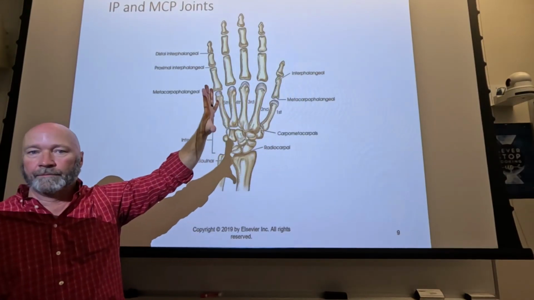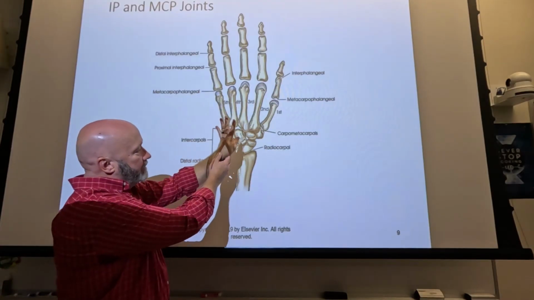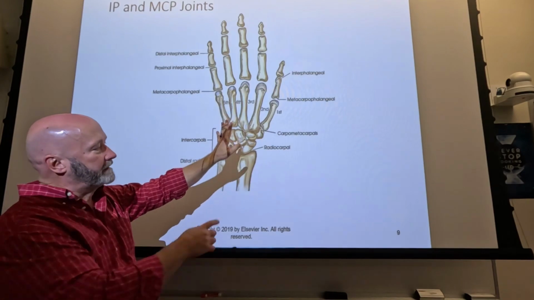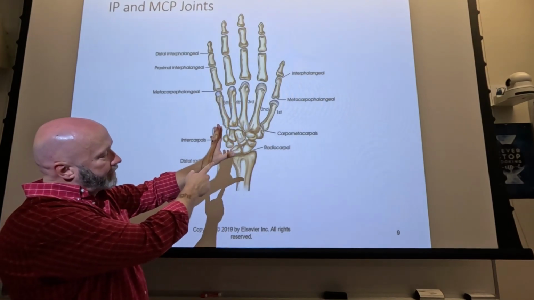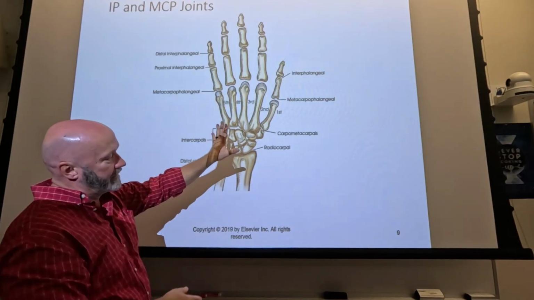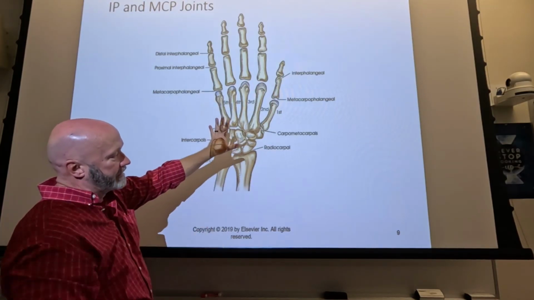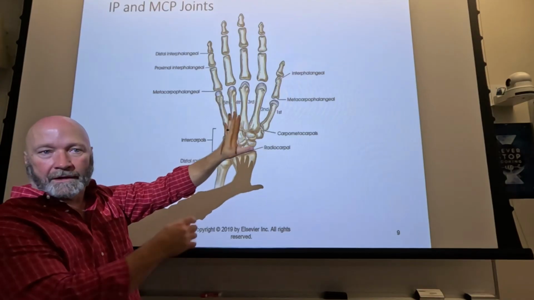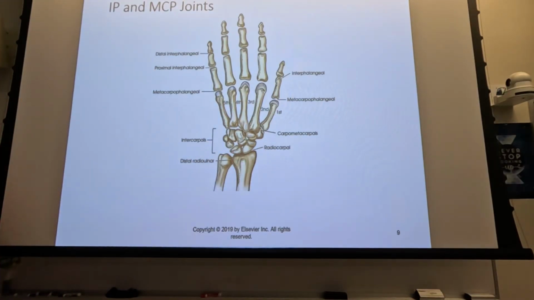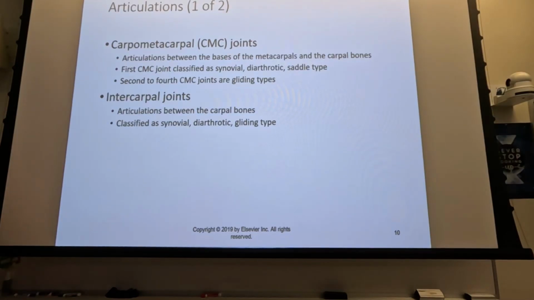So we've got this whole movement right here. You tuck your thumb under, and your metacarpal actually moves with it. So you're going to have a tendency to look at that and say, well, that's my proximal. No, this is a metacarpal. That's your phalanx. So you only have two sections to your phalanx. This is actually your metacarpal. With the thumb, we're going to have to do some specific positions.